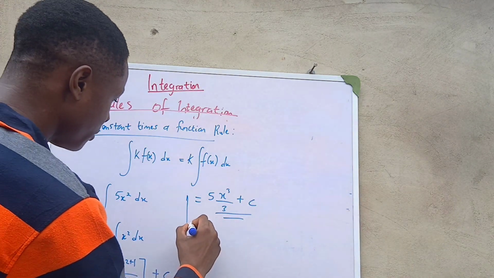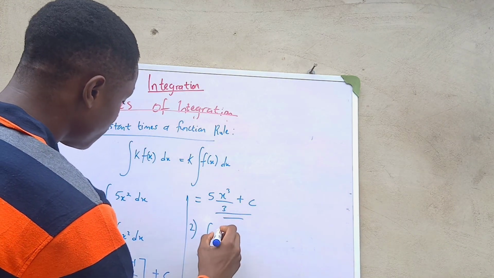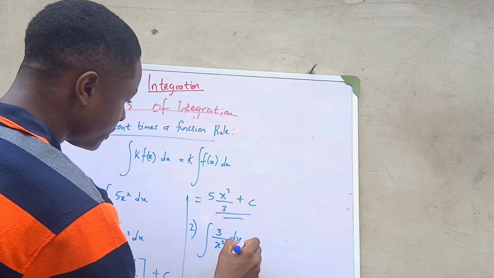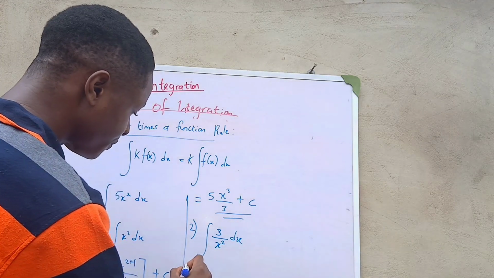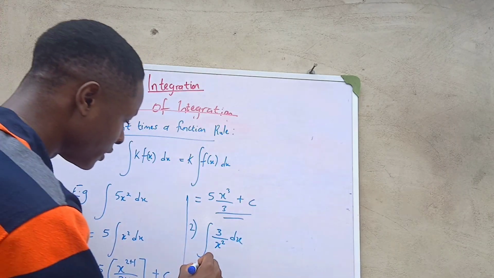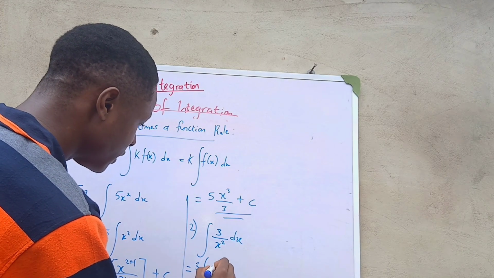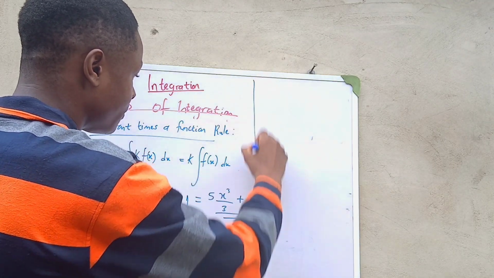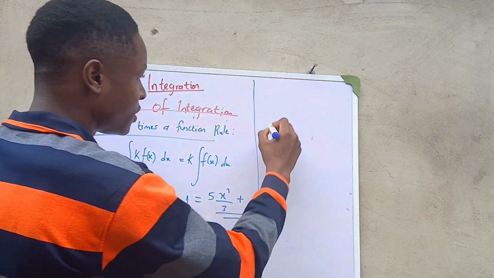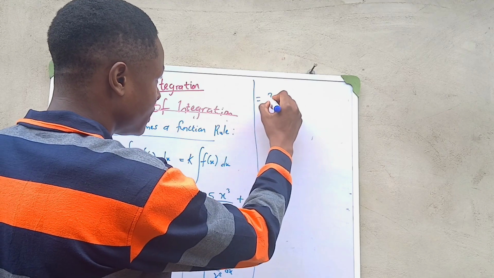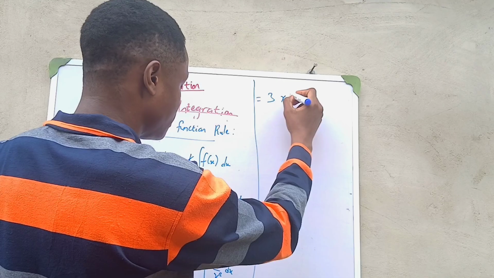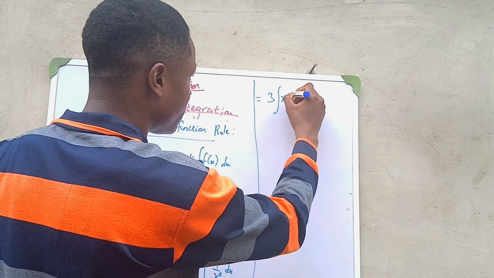So another example: the integral of 3 all over x squared dx. So we bring out our constant. We have 3 times the integral of 1 over x squared dx. Now we are using the power rule here, so we have 3 times the integral of x to the power minus 2 dx.